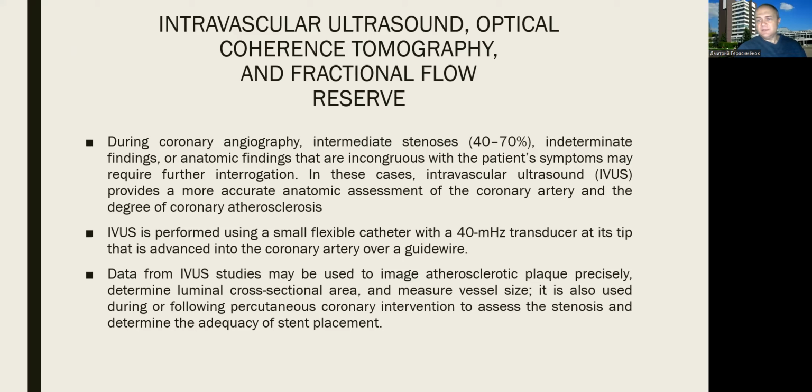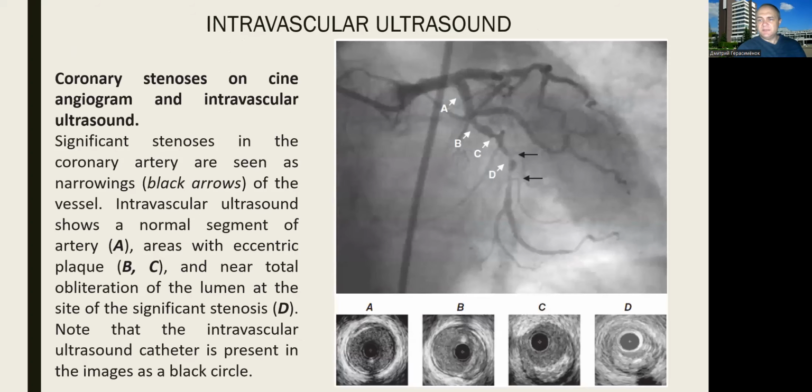Data from IVUS studies may be used to image atherosclerotic plaque precisely, determine luminal cross-sectional area, and measure vessel size. It is also used during or following percutaneous coronary intervention to assess the stenosis and determine the adequacy of stent placement. This is intravascular ultrasound.